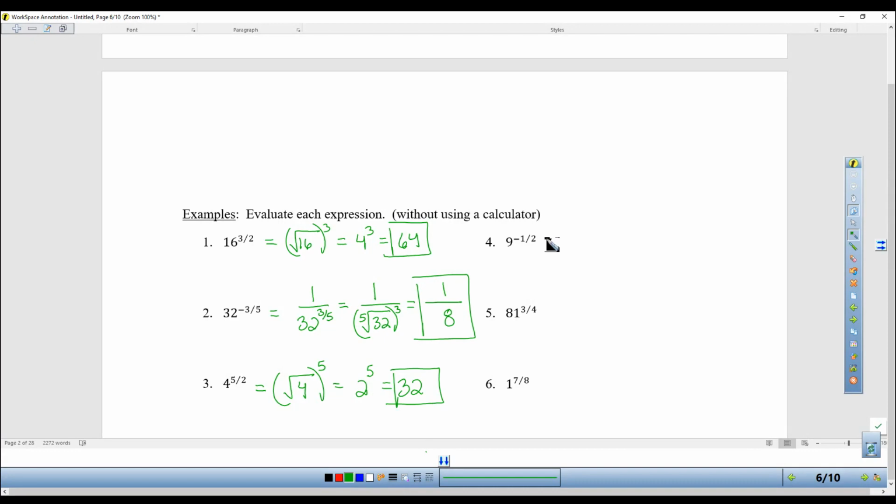Number 4, I see a negative exponent, so my first step is to move it to the bottom and make it positive. Now some of you might start to recognize this. Oh, 9 to the 1/2. That's the same as a square root. You do not have to show the next step if you can look at a 1/2 and think square root. But in case you can't, I'm going to show you that step. And the answer is 1/3.